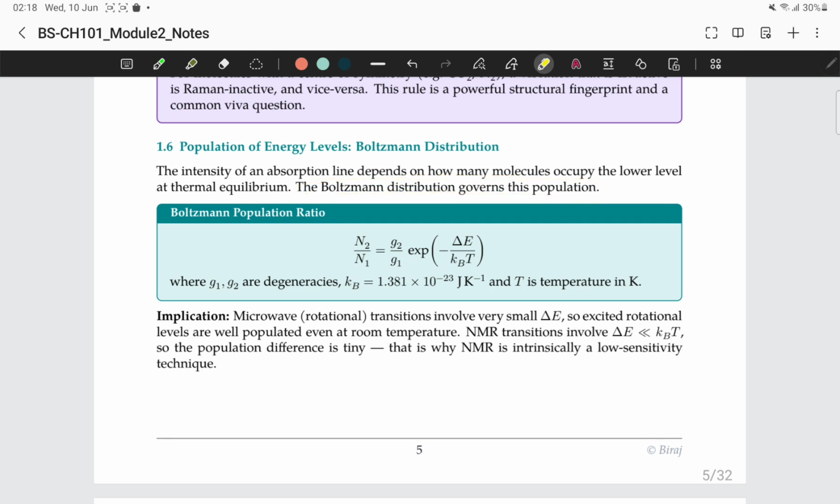You can see the formula very easily: N2 by N1 equals G2 by G1 times exponent of minus delta E by Kb into T, where G1 and G2 are degeneracies, and Kb is Boltzmann's constant, 1.381 times 10 to the power minus 23 joule per Kelvin. Please remember the units, I beg you guys, or else you will repent.